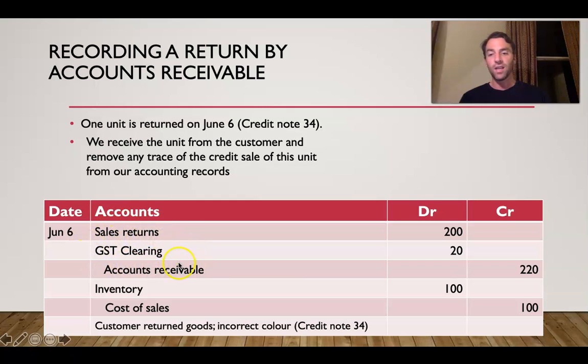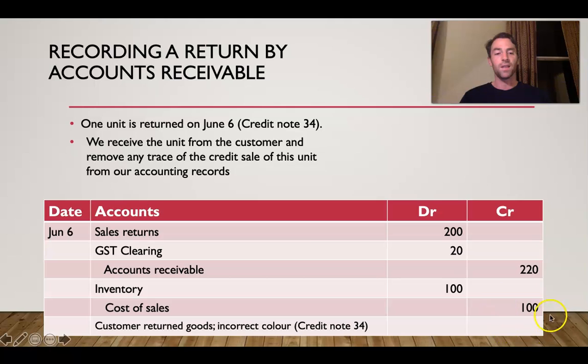The GST is a debit because we don't have to pay that part to the government anymore. It's just been reversed. We have $100 more of inventory now in our building. Why is it $100? Because the cost price of that inventory was $100.